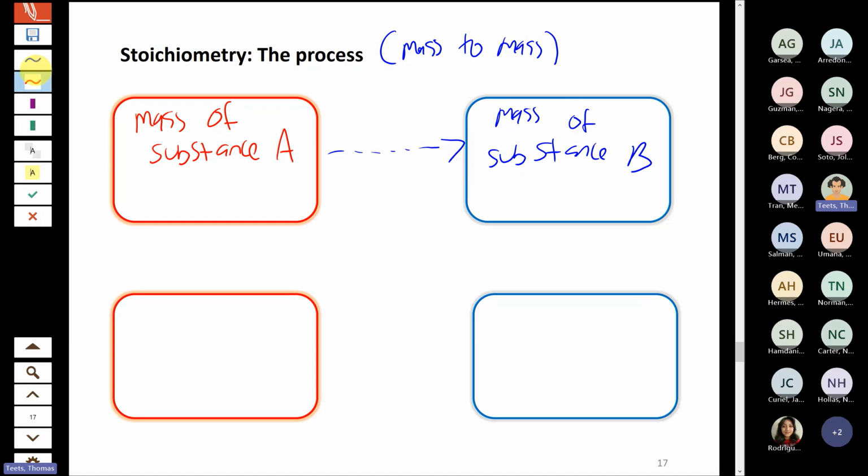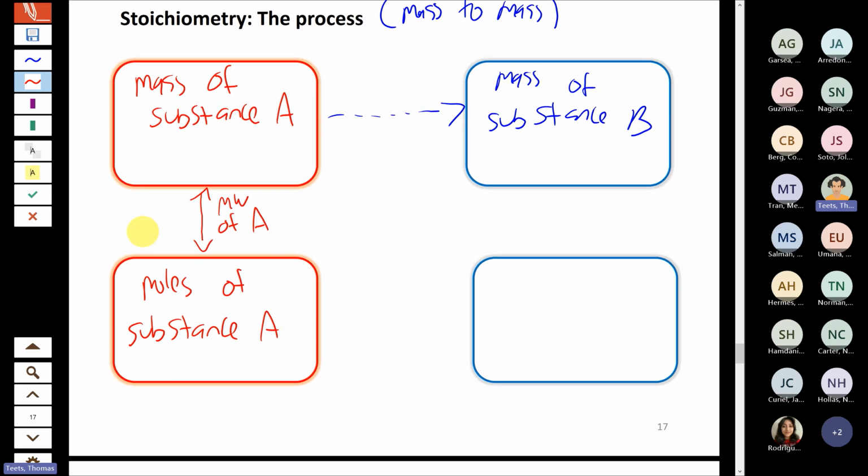So we're going to use the molar mass of substance A to convert it into moles. Again, the mantra for this part of the course: when in doubt, convert to moles. So we're going to do that first. If we have the mass of one substance, we're going to convert it into moles. And then the key step for stoichiometry is going to be this one here.